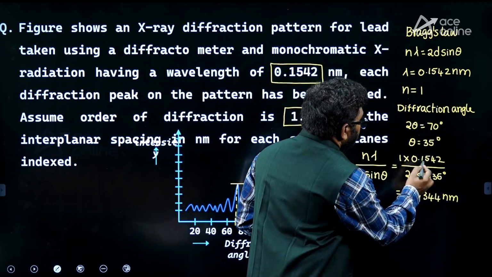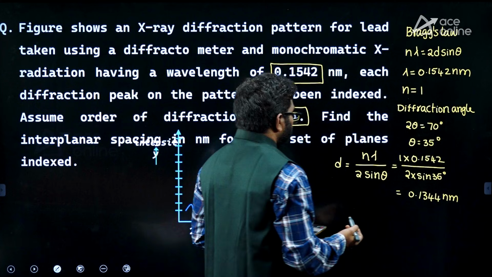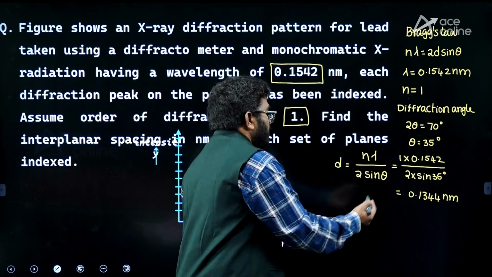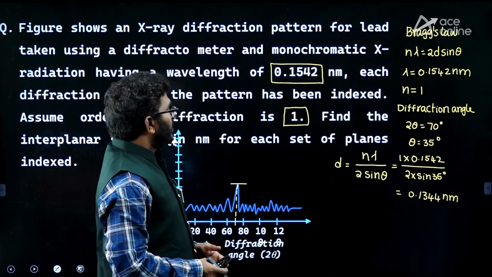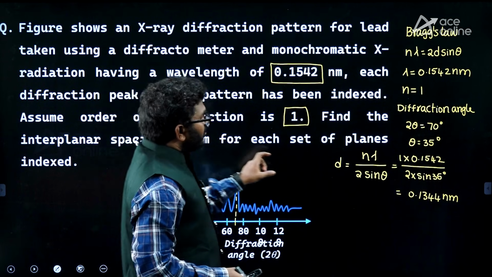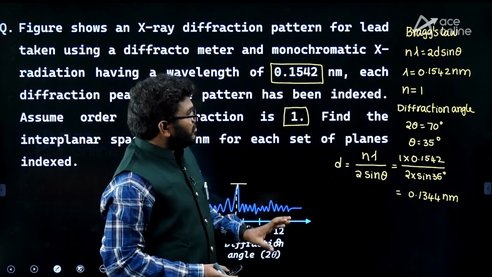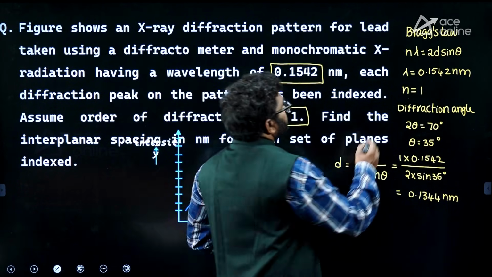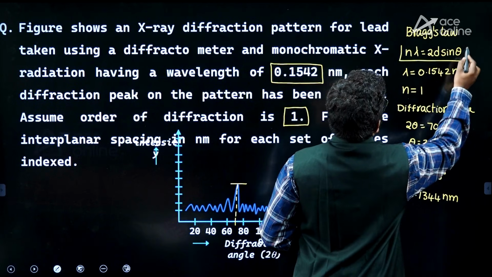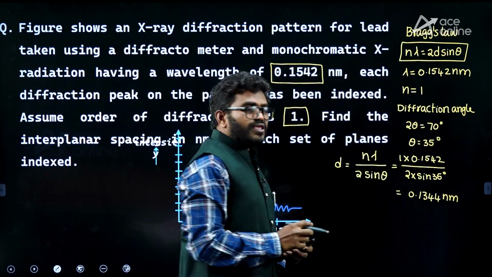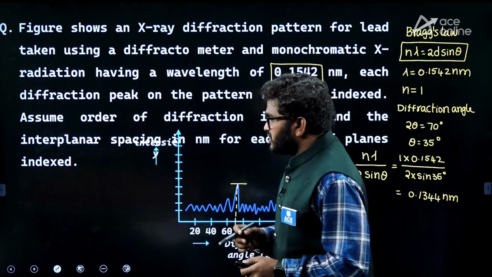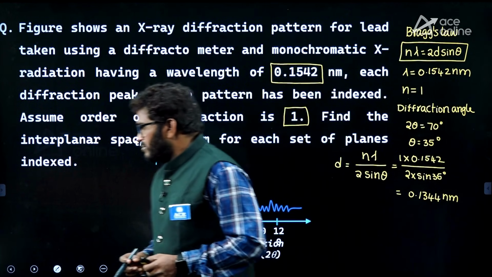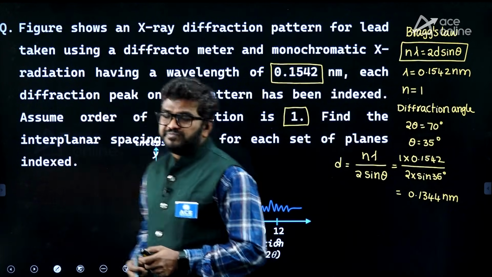Because the numerator lambda is in nanometer, the interplanar spacing d is also in nanometer, and they are asking interplanar spacing in nanometer. So this question we solved using the concept of Bragg's law. I hope you understood this question. Everyone got the same answer?